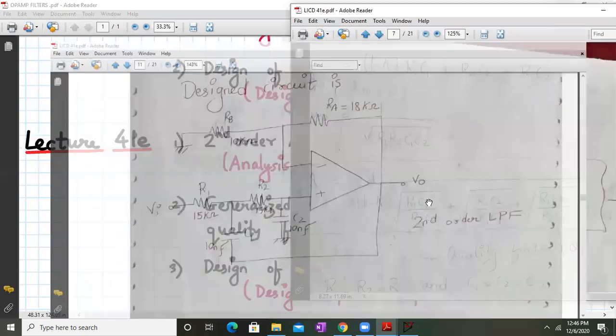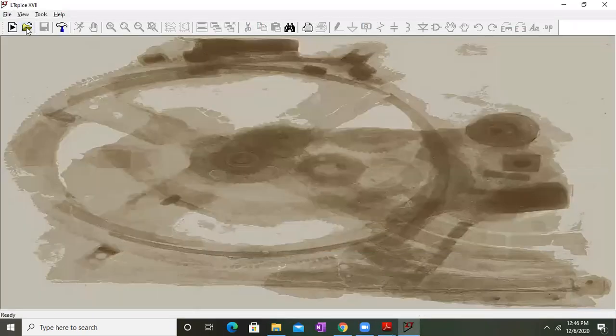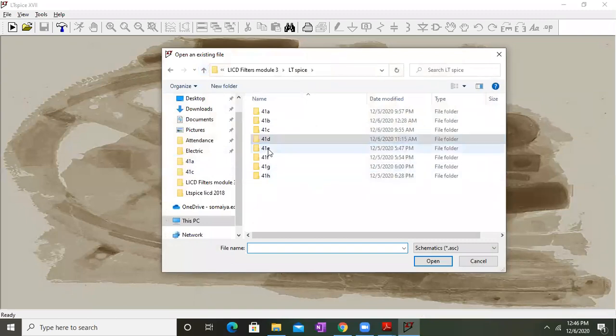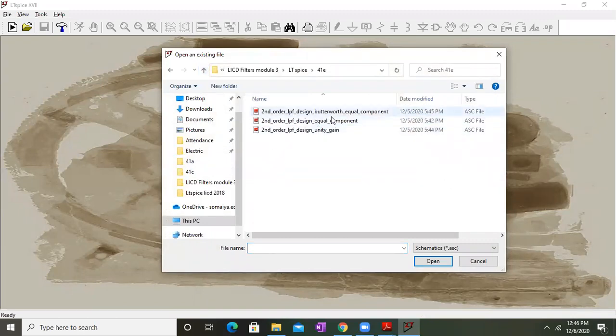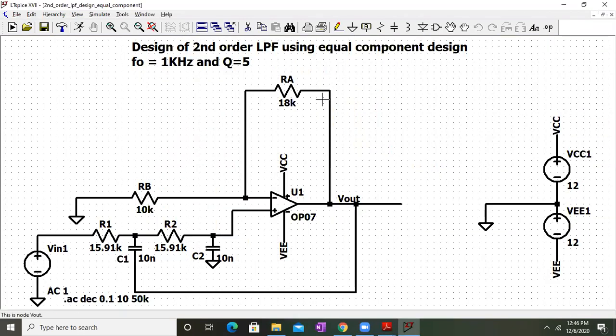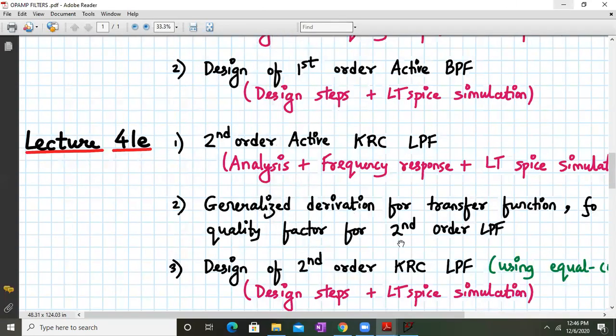Let me open up LT-Spice, and let me open the circuit now. This is 41B, equal component design. These are the values which we have got.